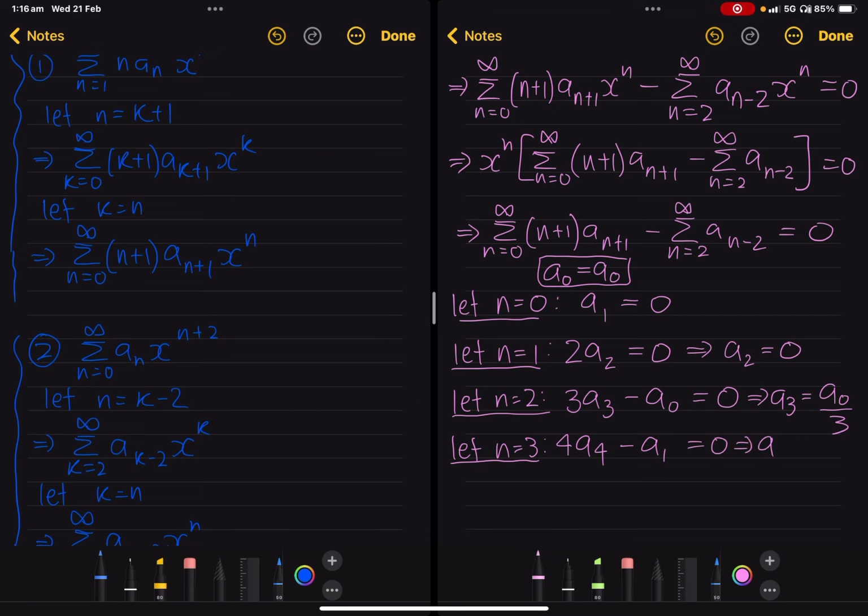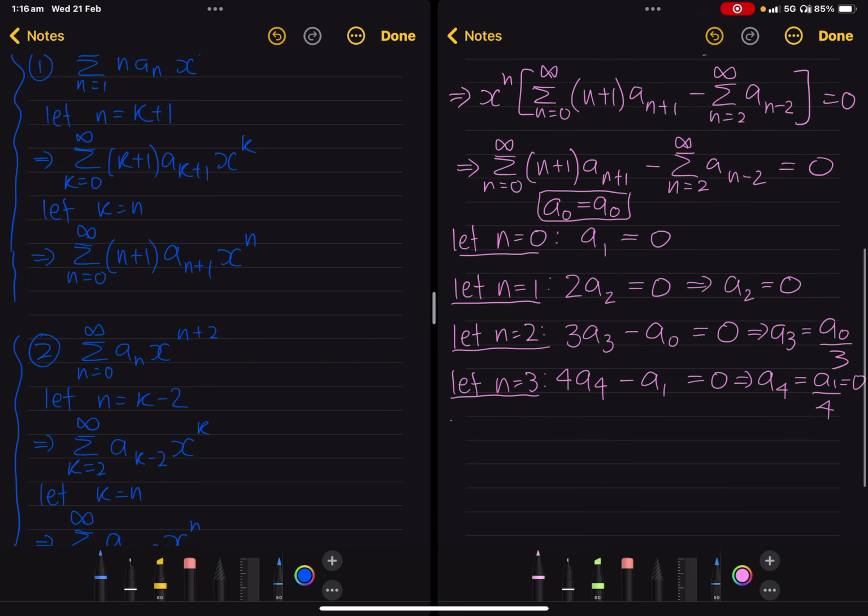This implies a4 is a1 divided by 4, but this is 0. So we have an a0 term, we have a1 is 0, a2 ends up being 0, and then we have an a3 term, which is a function of a0.